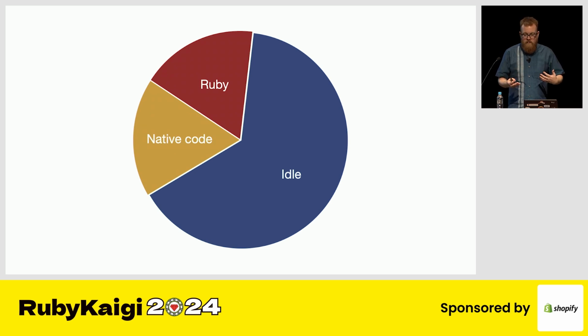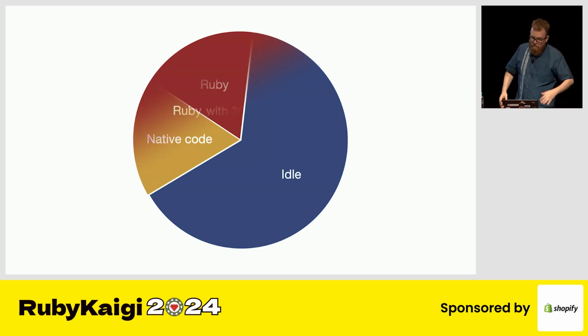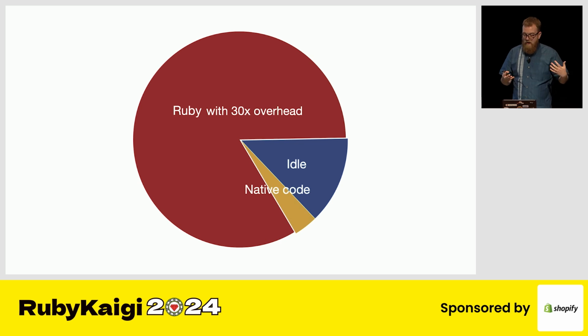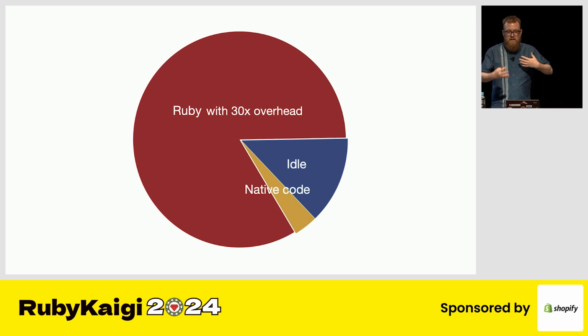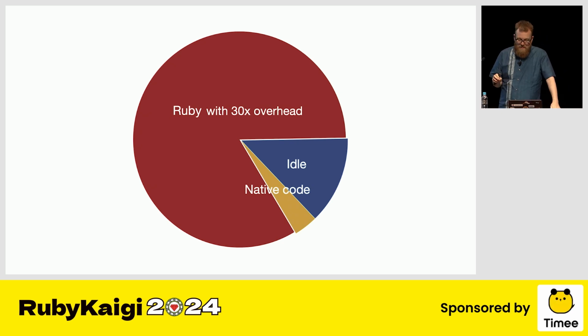When we use a tracing profiler like that, all of the impact happens to the Ruby code. So we actually end up measuring a program like this, which doesn't reflect reality, where the time in Ruby has been inflated, but the other time stays the same.